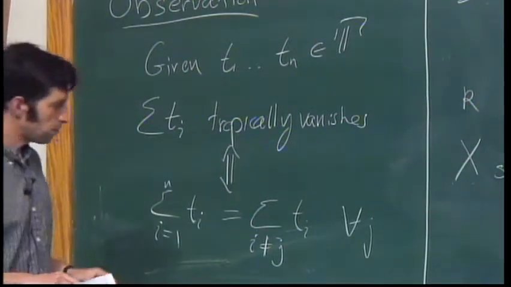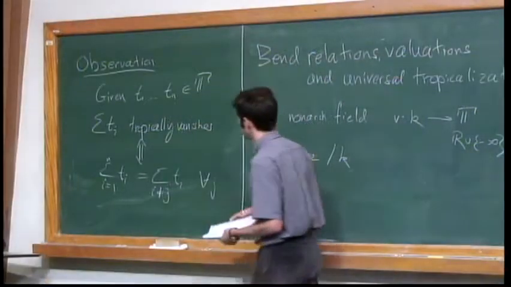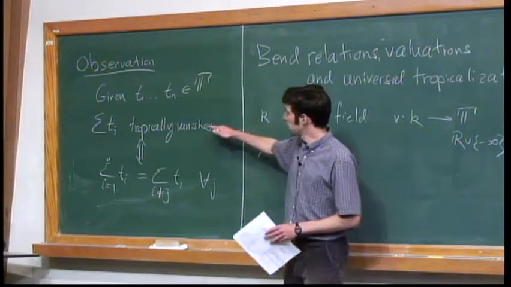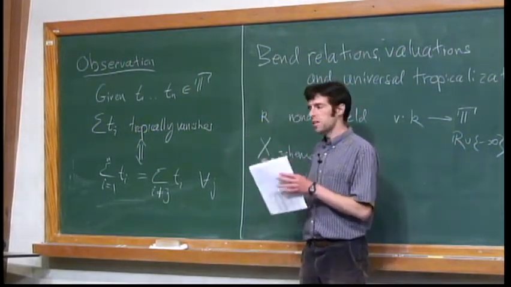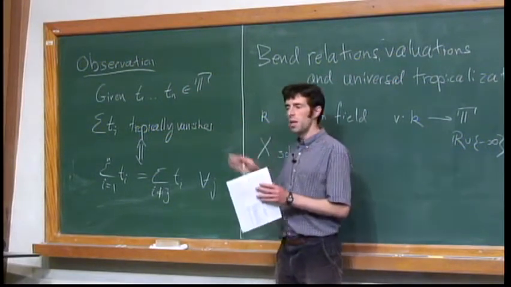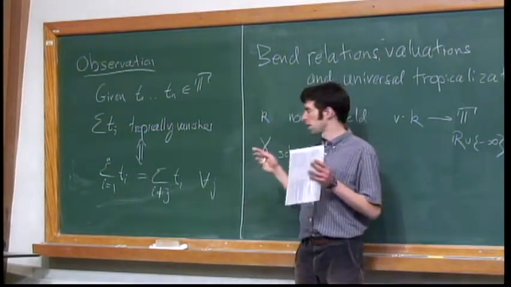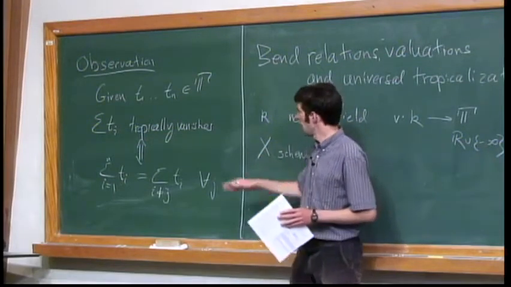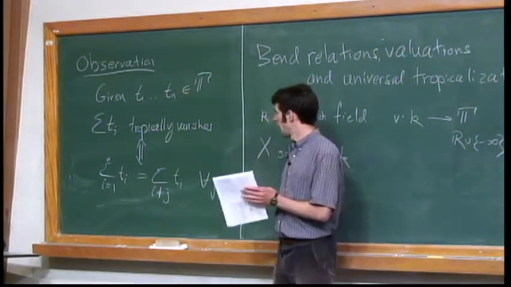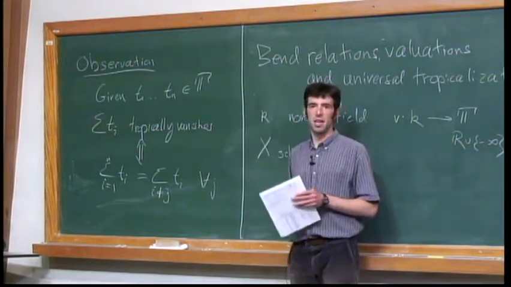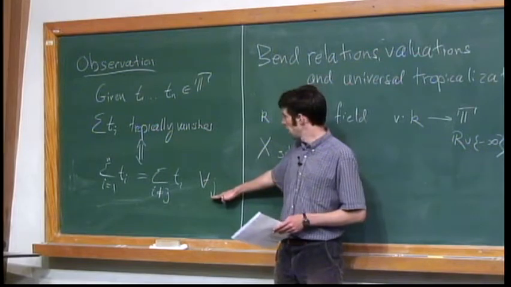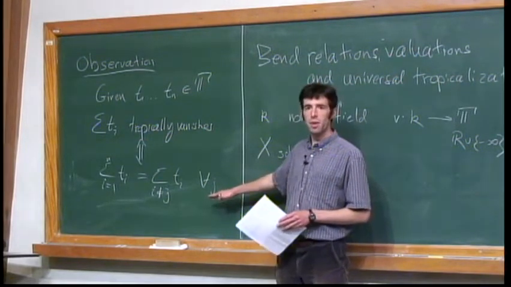Now, I just want to emphasize this a little bit. This tropically vanishing condition makes sense only in the context of the tropical numbers being totally ordered. The tropical numbers have a total ordering, and we can talk about the maximum of a subset, and we can talk about whether or not it's attained twice. On the other hand, this condition down here makes sense a little bit more generally.